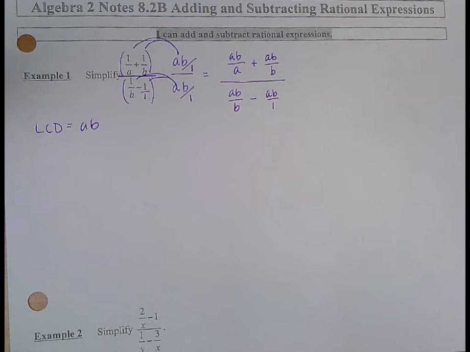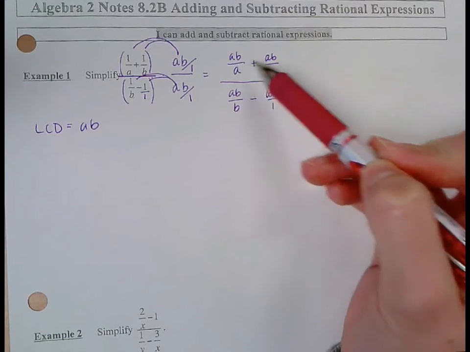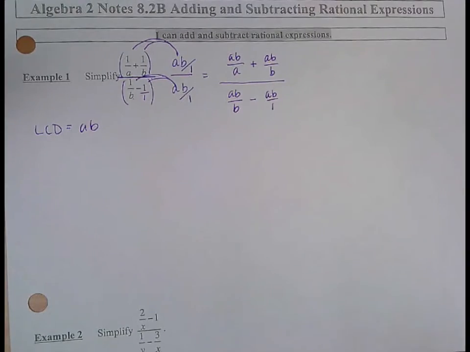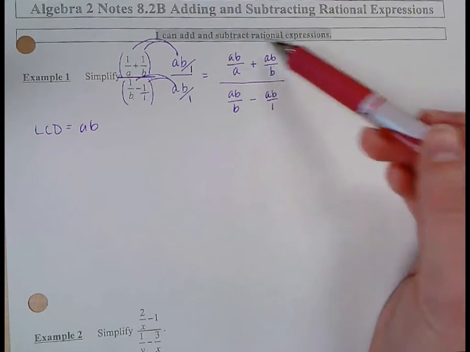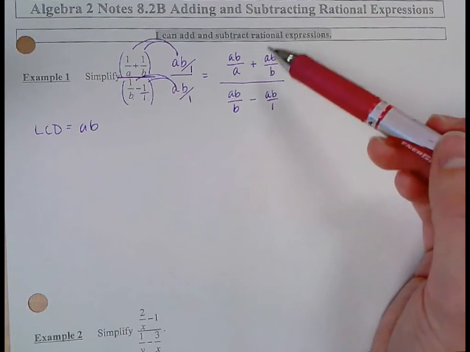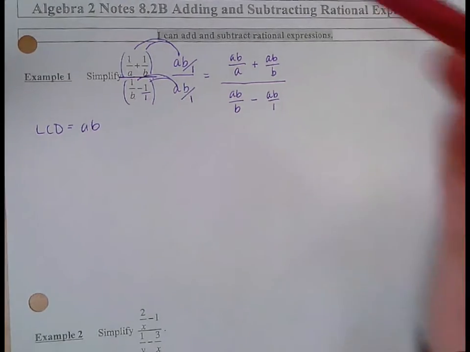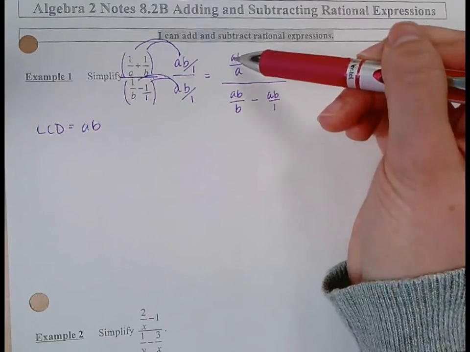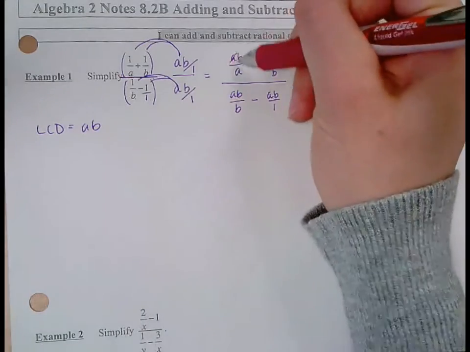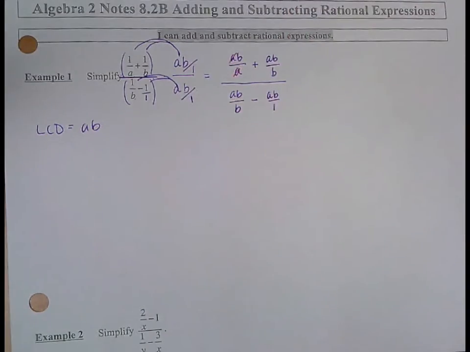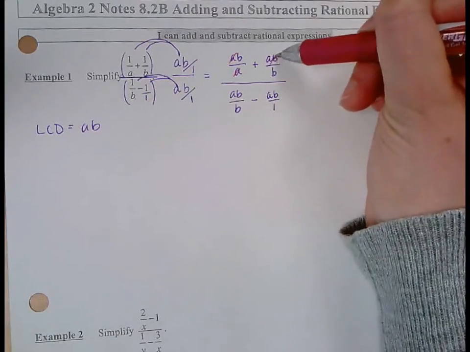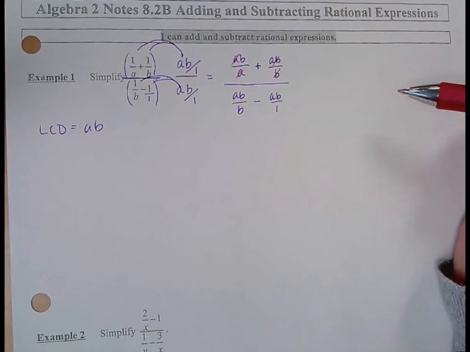So I still have 4 fractions, but now, because I multiplied by the least common denominator, which is the least common multiple, I should be able to simplify these 4 fractions so that they are not fractions anymore. I will still have an overall fraction, but I won't have all of the separate fractions within it, so I won't have a complex fraction. In that first fraction on the top, the a's will cancel out, so that would just be b. In the second fraction, the b's cancel out, so that's just a.